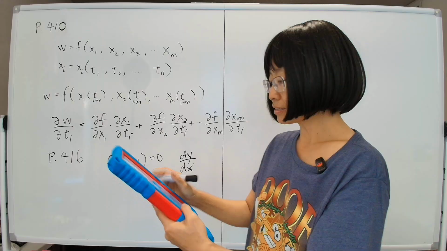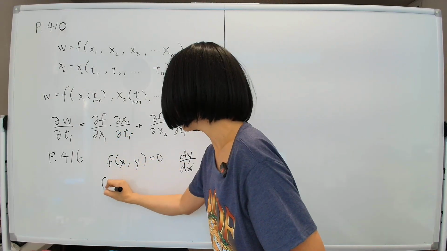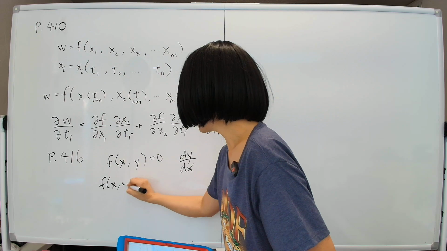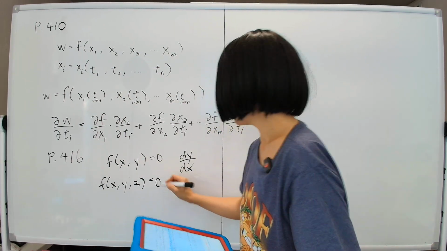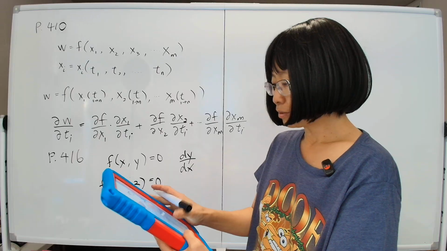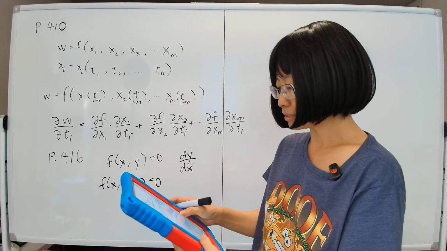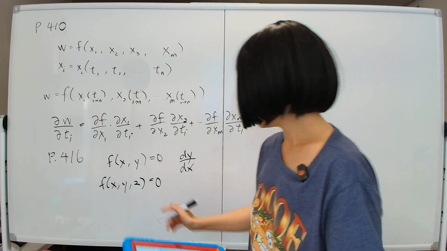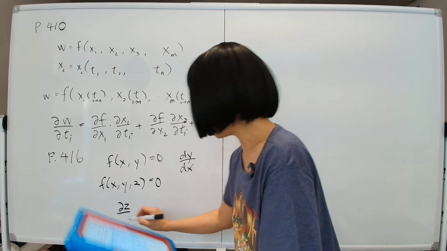And similarly, if you have a function that has 3 variables, f(x, y, z) equals 0, and somehow z is in here, okay, and you want to figure out what partial z by partial x is.